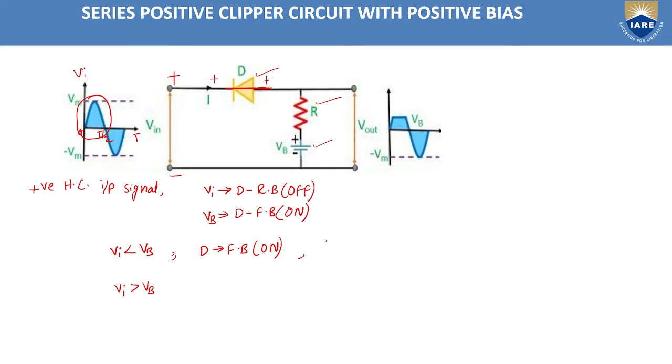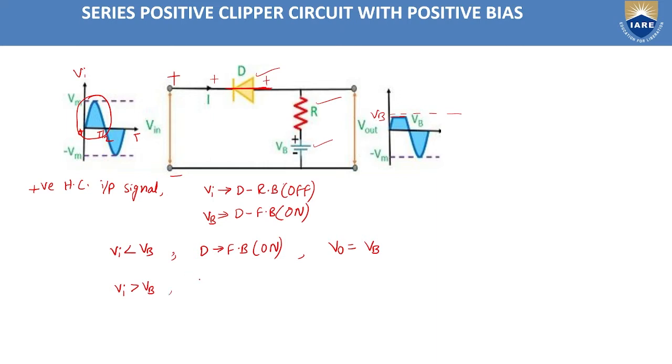So we will get whatever battery voltage we are providing here across the output, VB. So that we can observe here. Vo equals VB till VA is less than VB. So you can say this is your VB.